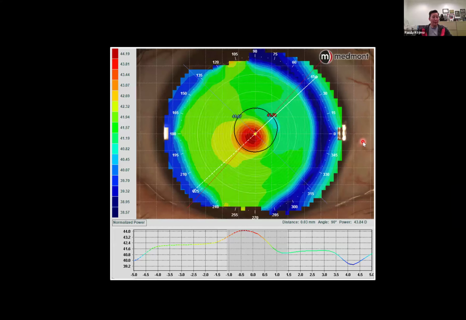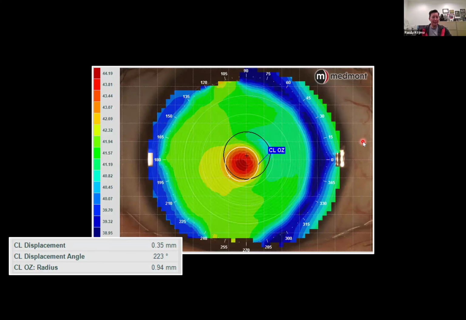Now, what we need to do is use our topographer and map over top of the multifocal lens. Lo que tenemos que hacer sencillamente es hacer un mapa encima del lente de contacto del paciente. We're going to take the attribute called the contact lens displacement attribute, and we'll draw a circle around one of the zones of the lens.